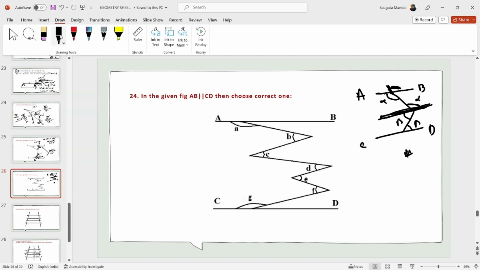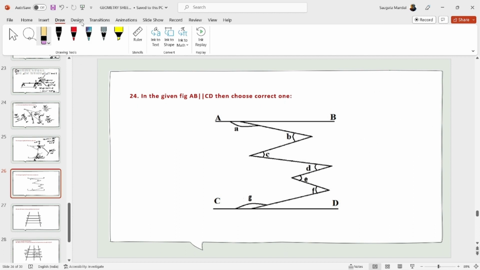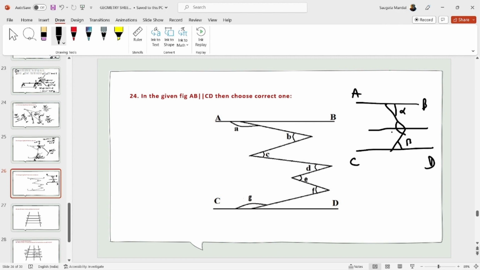And see, in this figure, AB is parallel to CD. You should remember that these two values, alpha plus beta, are always equal to these values, alpha plus beta.